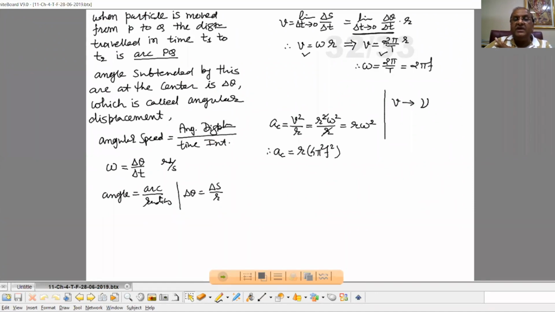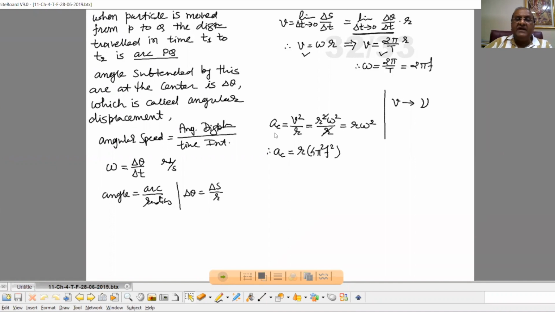So V equal to 2 pi by t into R. But 1 upon t is the frequency. So we can write omega equal to 2 pi f also.